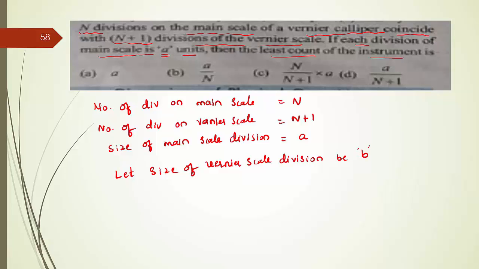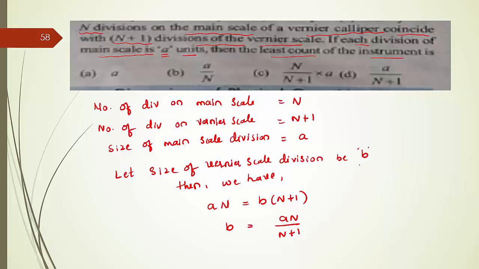Let us take it as B. Main scale is having A, vernier scale size is B. Then we have size of main scale into number of divisions, A into N. Similarly, size of vernier scale into number of divisions, B into N plus 1. We want B value, so we can write A into N divided by N plus 1. Is it clear?